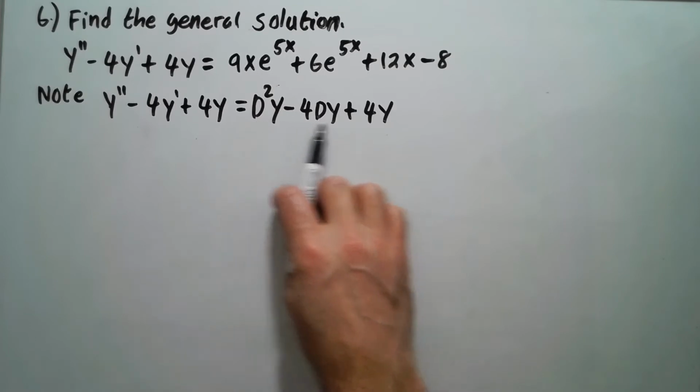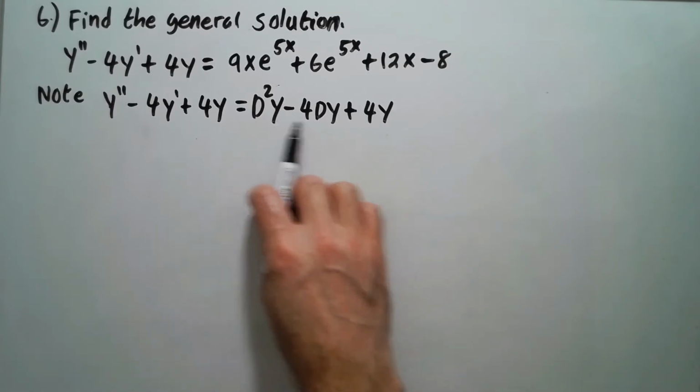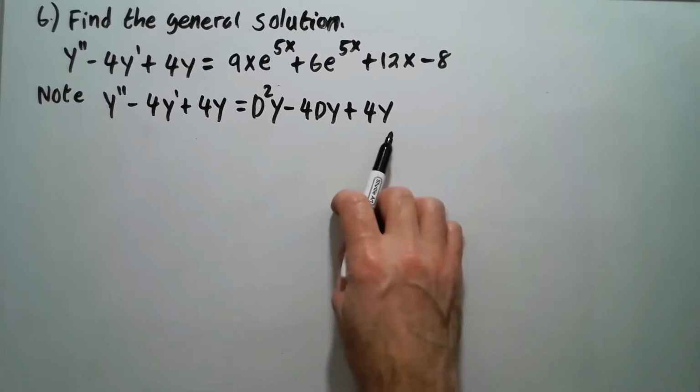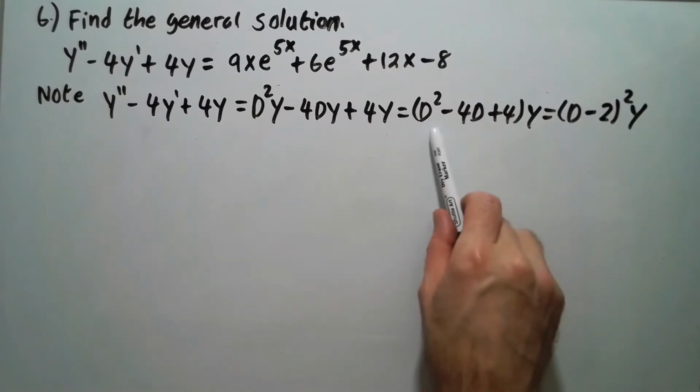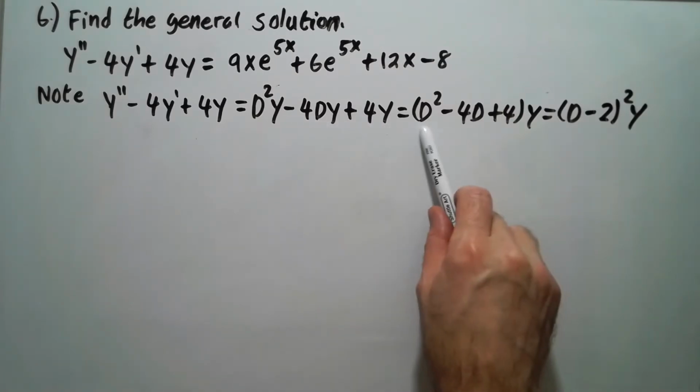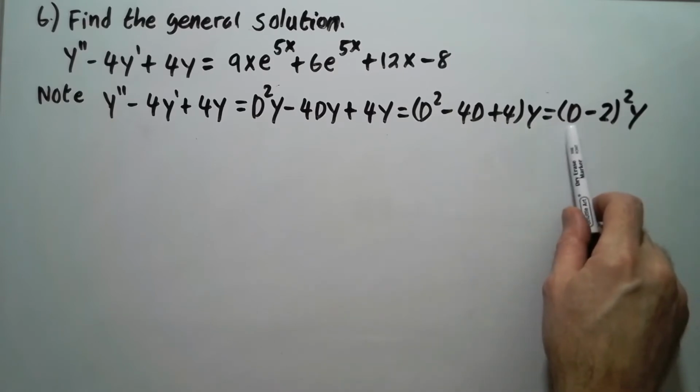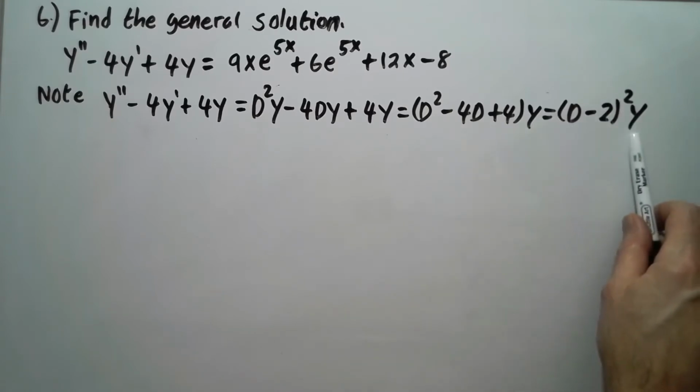And then this is a quadratic, so you can factor out the y. So first I pull out the y, so it'll be D squared minus 4D plus 4, and this factors as D minus 2 squared times y. You can check.